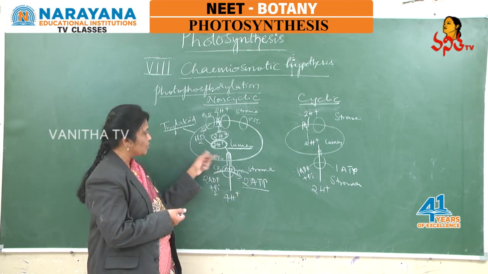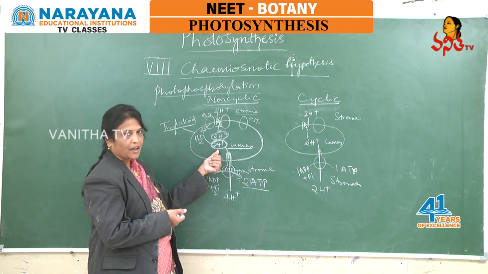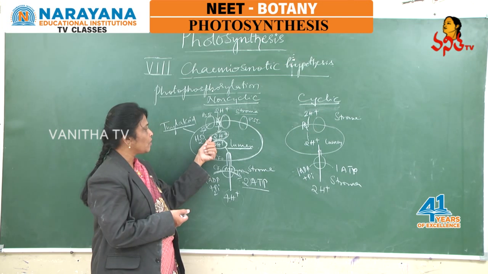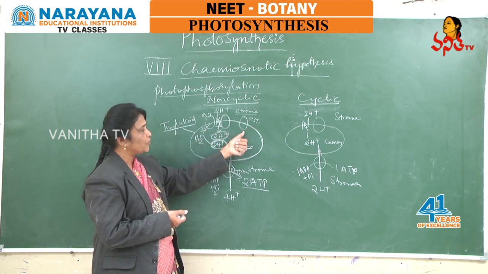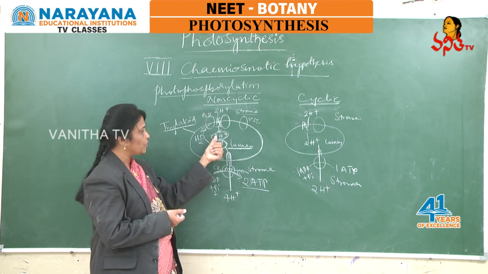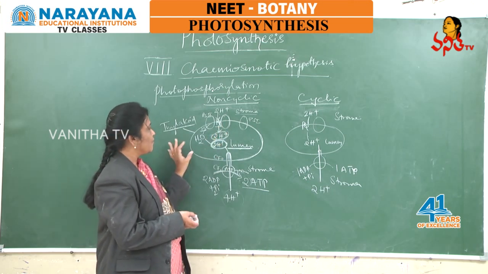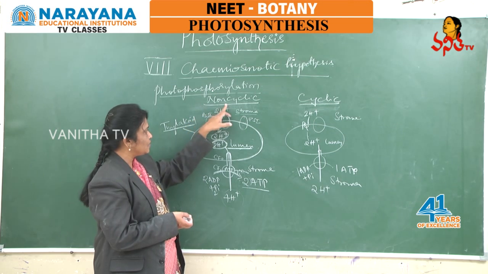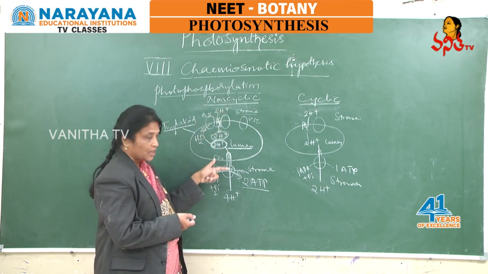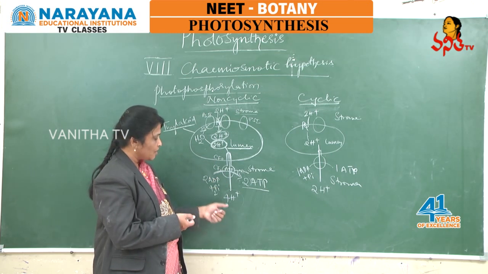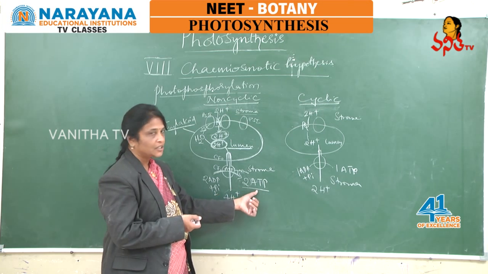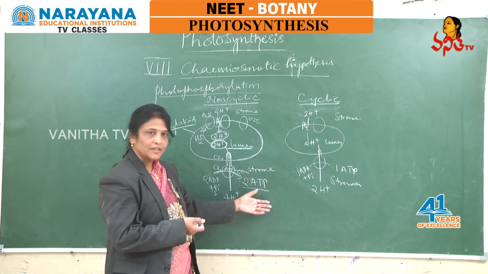Among the 4 protons, 2 protons are added to the lumen directly by photolysis of water, and 2 protons through non-cyclic electron transport, by the involvement of plastoquinone and the cytochrome complex. So totally, for a pair of electrons involved in NCET, 4 protons are added to the lumen and channeled through the coupling factor, again added to the stroma, but meanwhile their energy is captured and utilized for the synthesis of 2 ATP.